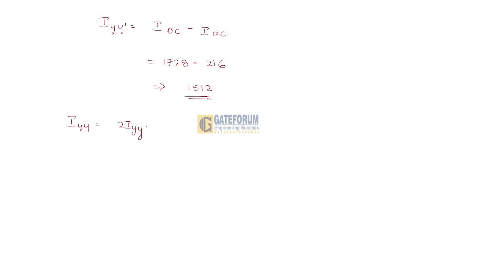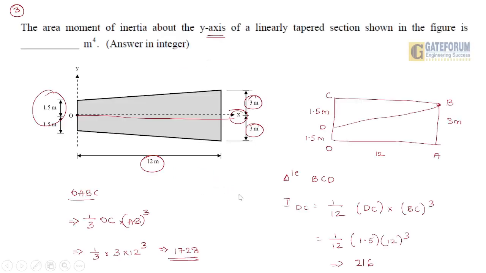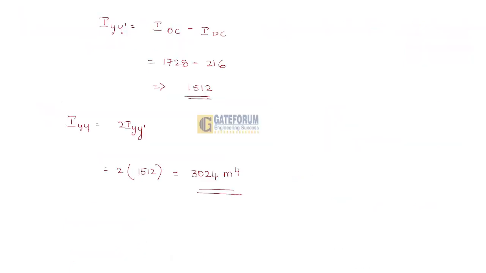That will be 2 into 1512, which is 3024 meter to the power 4. That is your integer answer which you need to take into consideration. By this we have completed the questions of the engineering mechanics subject from GATE 2023 mechanical engineering. Hope you people have understood. Thank you, students.